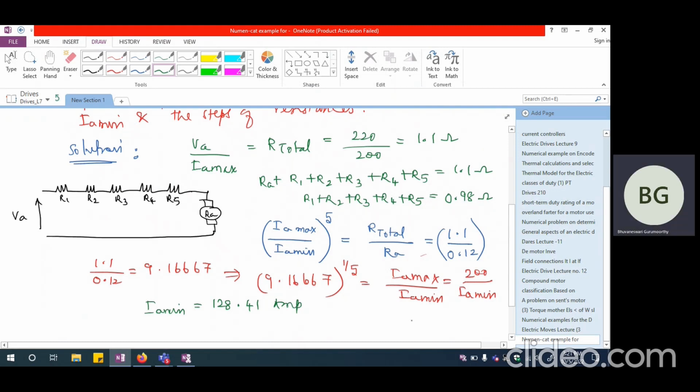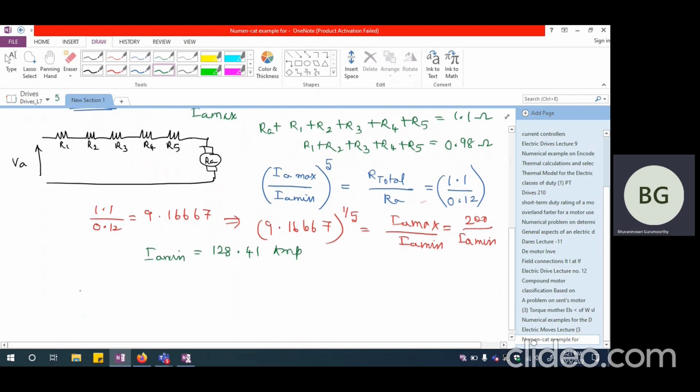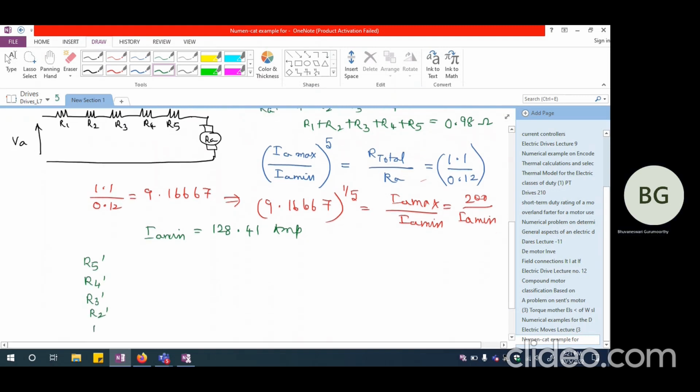Now, I should be able to calculate what are all the different values, something like R5 dash, then R4 dash, then R3 dash, R2 dash, and R1 dash. So R5 dash is same as R total. Whereas R4 dash is going to be R2 plus R3 plus R4 plus R5 plus RA.